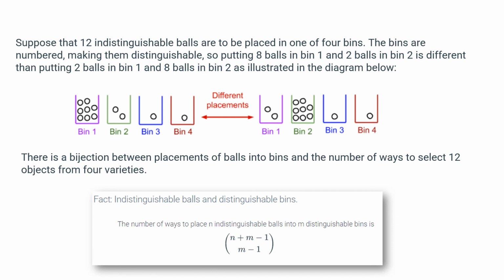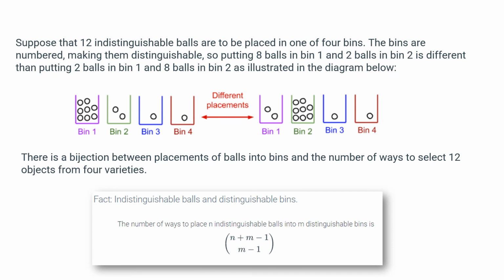The fact that we have 8 balls in bin 1 could correspond to the fact that we're choosing 8 cookies of the first variety, and then 2 cookies of the next variety, 1 of the next, 1 of the next, and they have to add up to however many we have, and in this case it is 12 again.